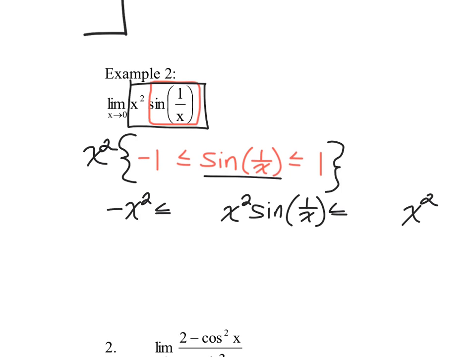Because what I want to do, and this is where the rule comes in, is find the limit of all three parts as x approaches 0. So, limit as x approaches 0, and another, and one more.